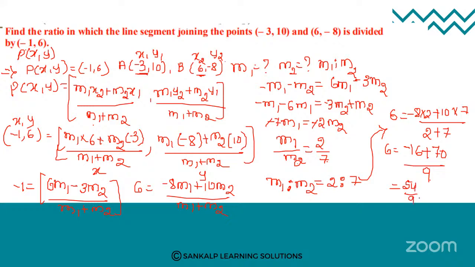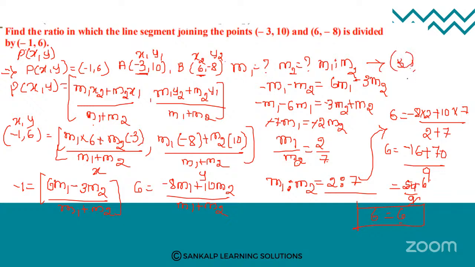Okay. 9 ones are 9, 6. That means 6 is equal to 6 we get. So our answer is right. That is the line is divided in the ratio M1 is to M2, that is 2 is to 7. Okay. So this question can be asked for 3 marks.